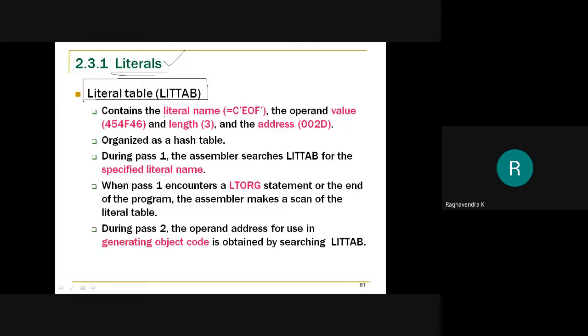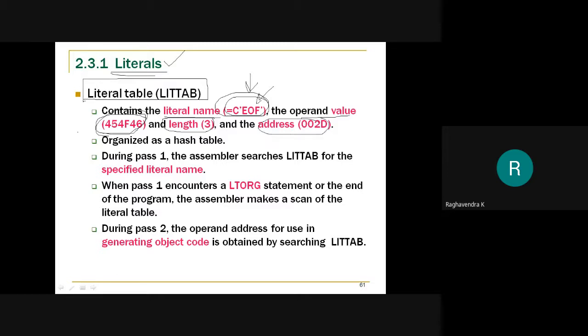One thing is the name of the literal, the same thing you have defined in your instruction. For example, C'EOF' with object code value 454F46, and then it is going to have the length stored and the address that has been generated.